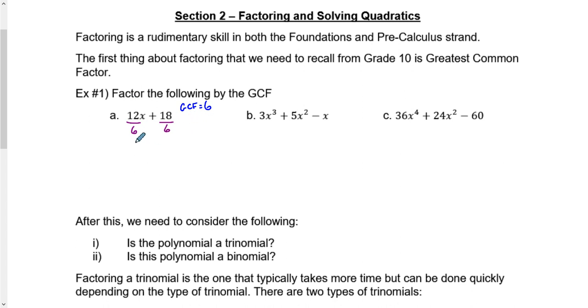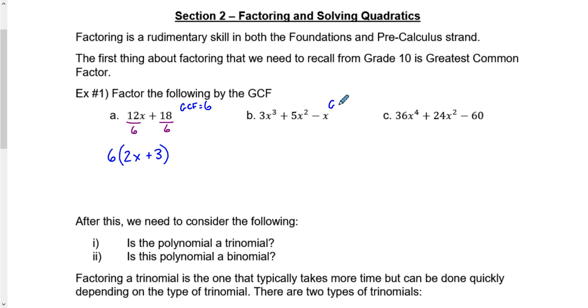But when we factor it, we just take that 6 and put it in front. What we put inside our brackets is what this division is, because 12x divided by 6 is 2x, and 18 divided by 6 is 3, of course positive because it's addition. And this is factored by the greatest common factor.